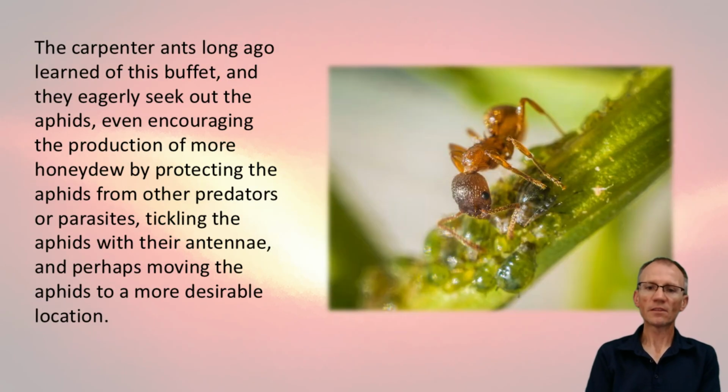The carpenter ants long ago learned of this buffet, and they eagerly seek out the aphids, even encouraging the production of more honeydew by protecting the aphids from other predators or parasites, tickling the aphids with their antennae, and perhaps moving the aphids to a more desirable location.